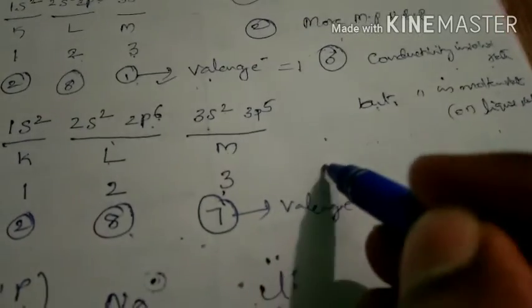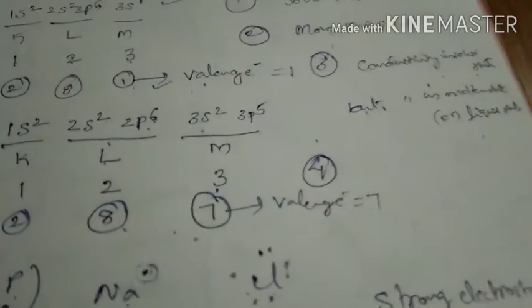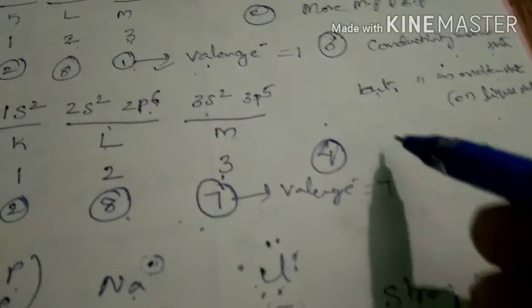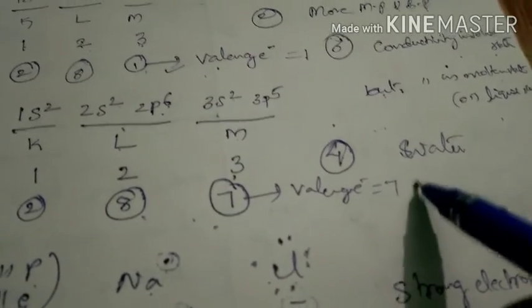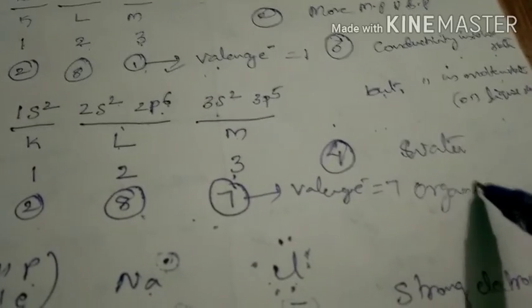Next one, fourth one. All ionic compounds are soluble in water, but they are not soluble in organic compounds.